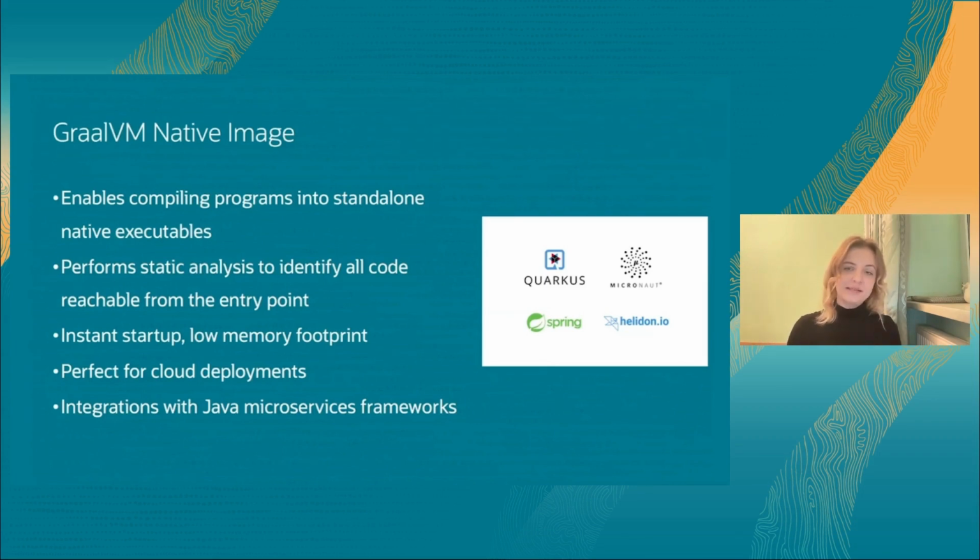And all of those Java microservice frameworks, such as Quarkus, Micronaut, Spring Boot, Helidon, work really great with GraalVM Native Image, and they provide integrations with it, so you can easily build applications that you can then compile using GraalVM Native Image.